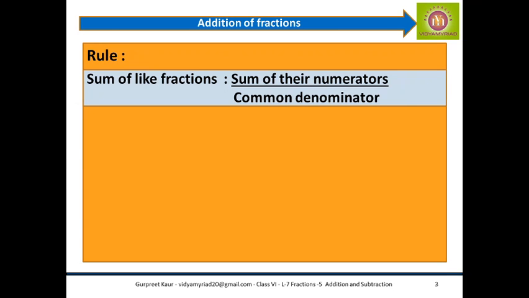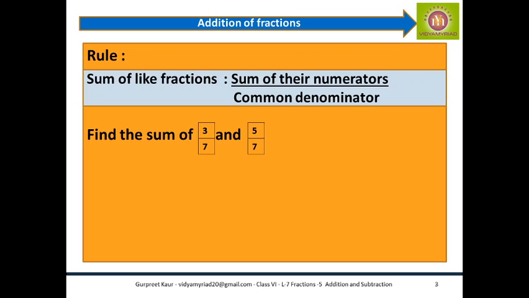Now, the rule here is when there is a like fraction, so you should know what are like fractions, where your denominator is same. In that case, I will simply add the numerators taking the common denominator. For example, I have 3 upon 7 and 5 upon 7.